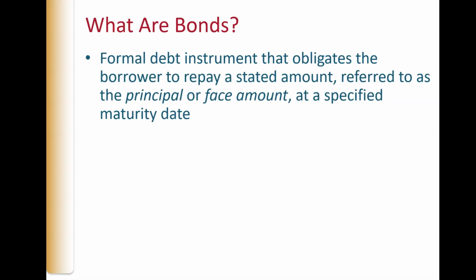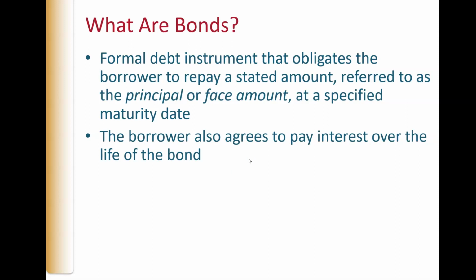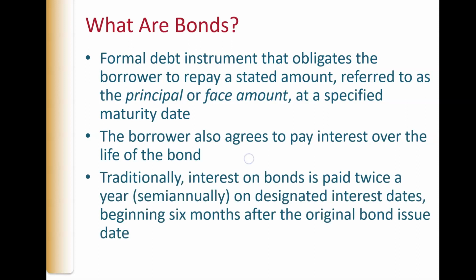So if you purchase a bond from the City of Tucson for, let's say, $1,000 bond, it's a piece of paper and it has on the amount a specified maturity date and the interest rate that they'll pay over the life of the bond. And they'll pay interest a couple of times a year on that.